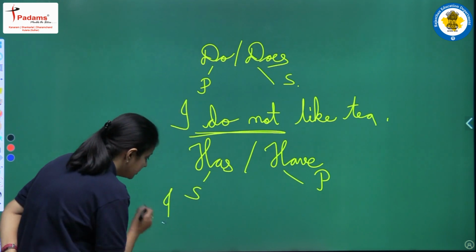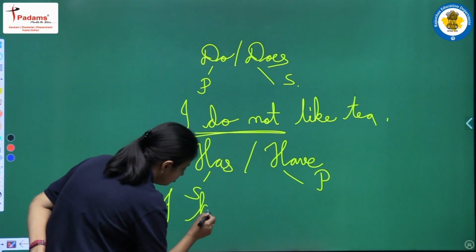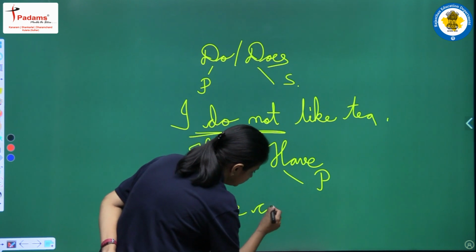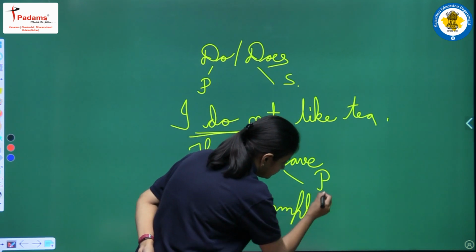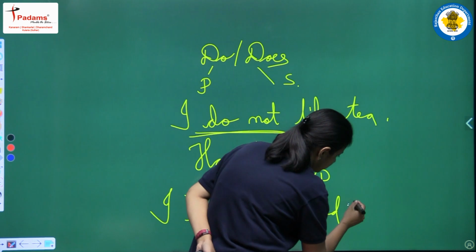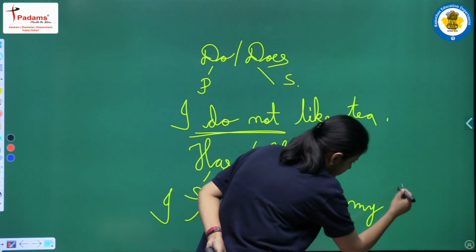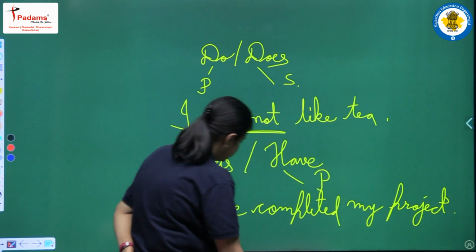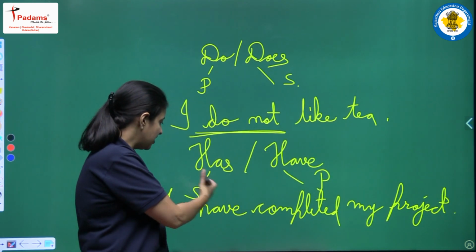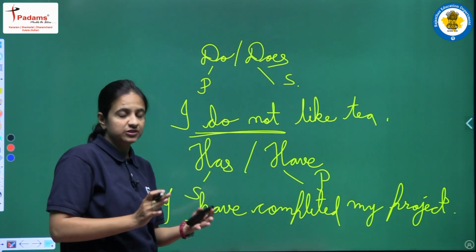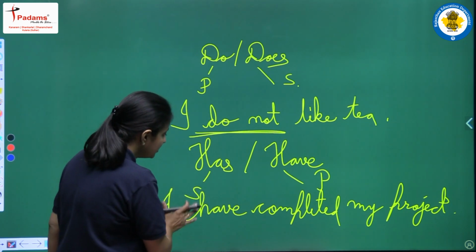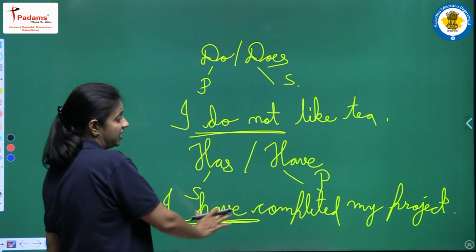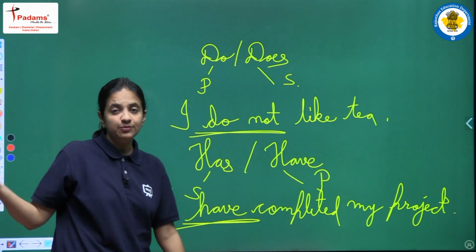Like we were having a sentence, I have completed my project. So the sentence that we are having here is in present perfect tense. We are using have for I. Have is actually used for plural, right?